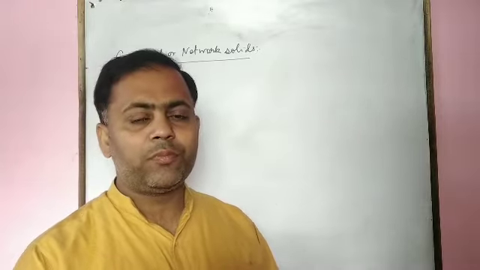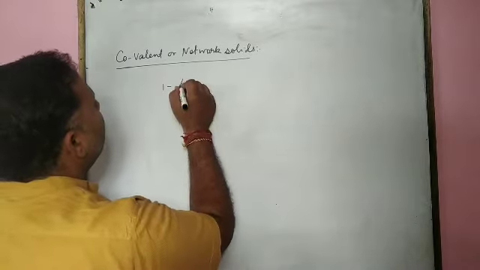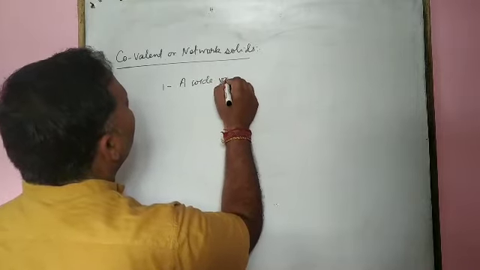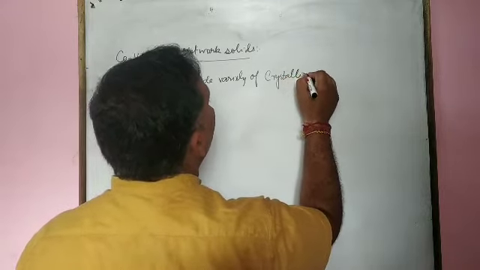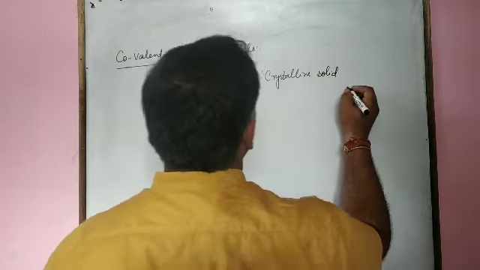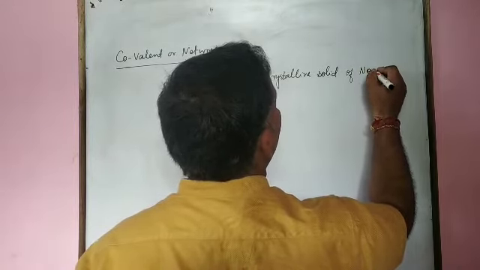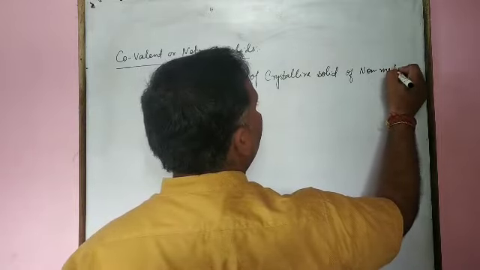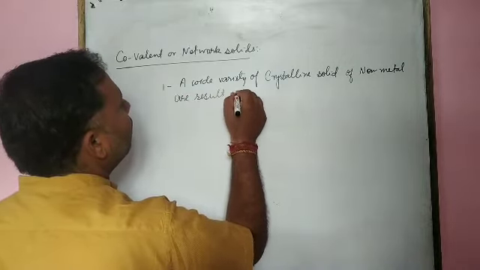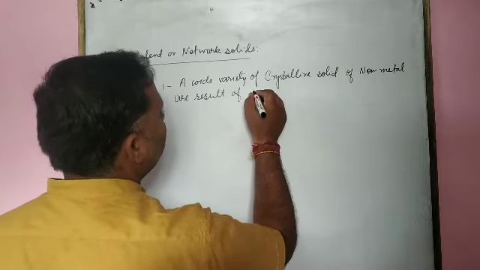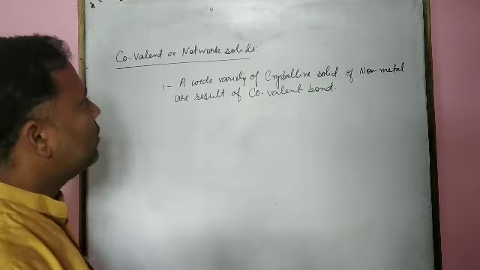It means what we got, the first one is that a wide variety of crystalline solids of non-metals are the result of covalent bonds. As we have discussed, these are network solids.